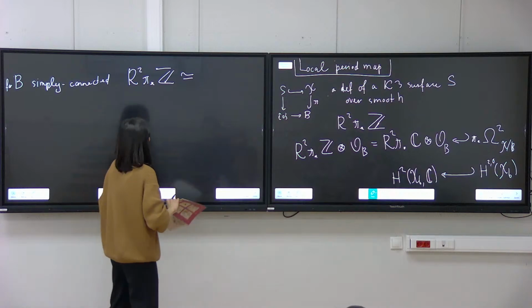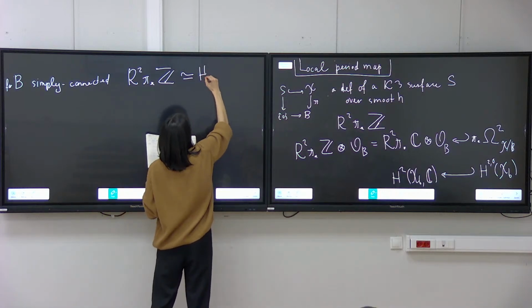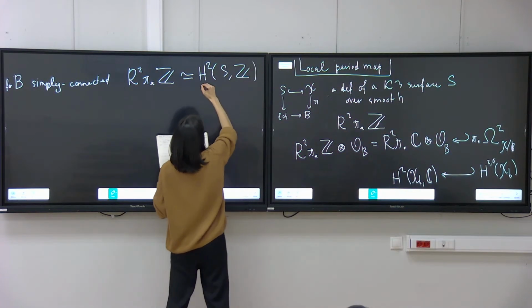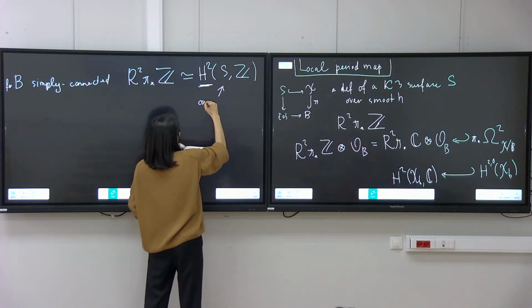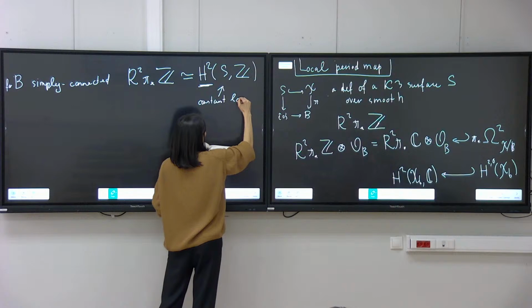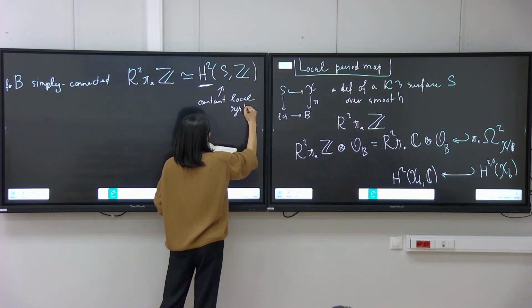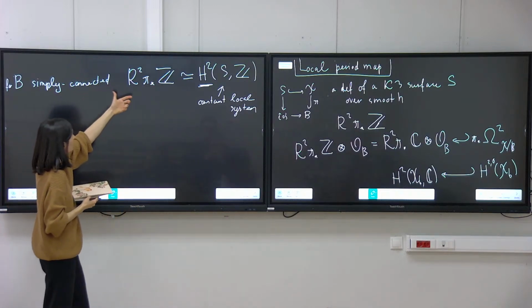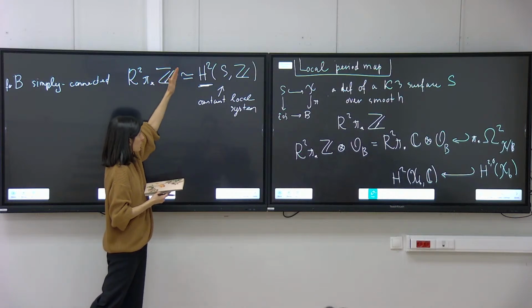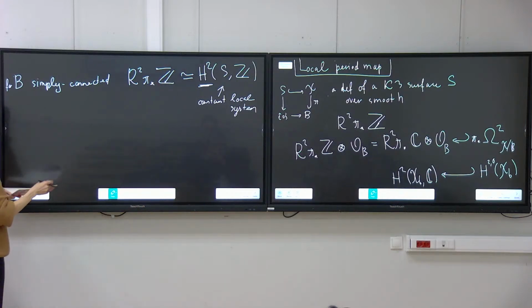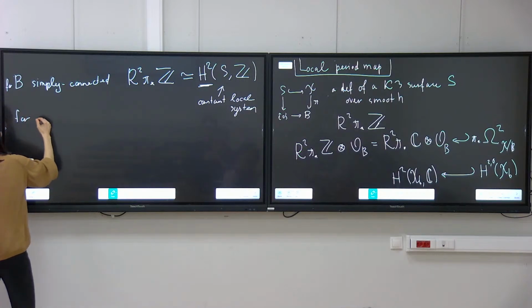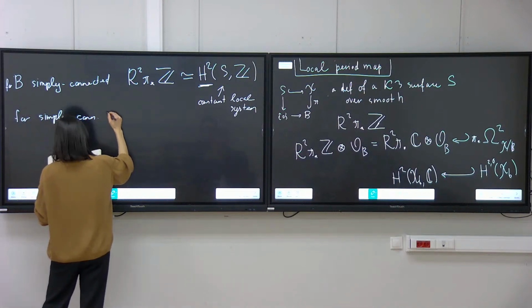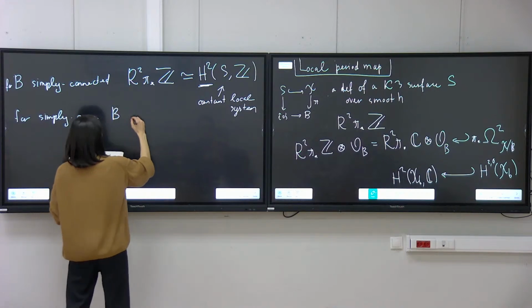Yes, they all are trivial, so we have a canonical isomorphism with the constant local system, right? And so only for a simply connected base we have this canonical isomorphism. And so for simply connected B, we can define the period map.